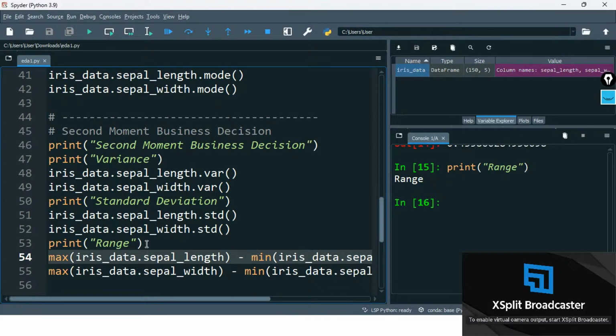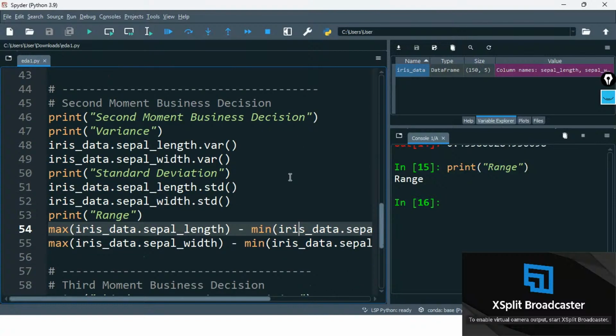The only thing is you have to calculate the maximum value and the minimum value of that particular column, then get the difference, and this difference will return the range of that column. That is what we have understood, right? Range is nothing but maximum minus minimum.